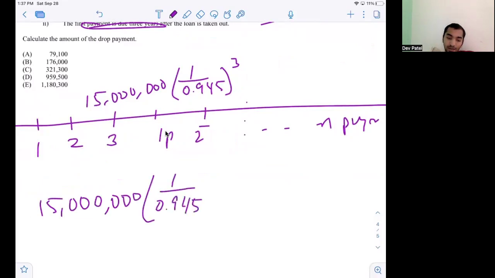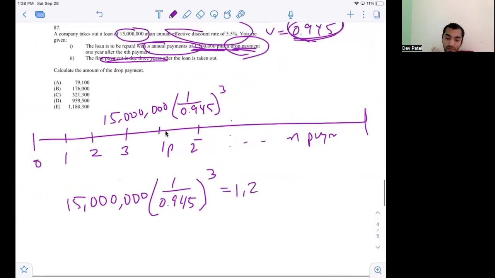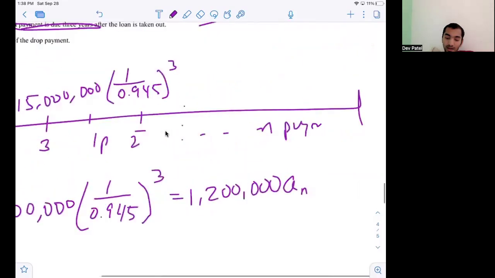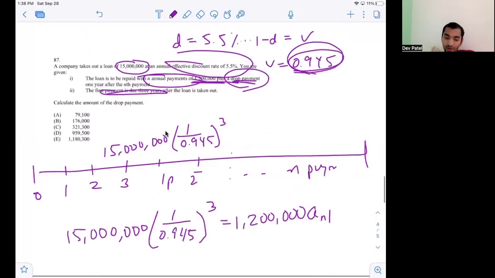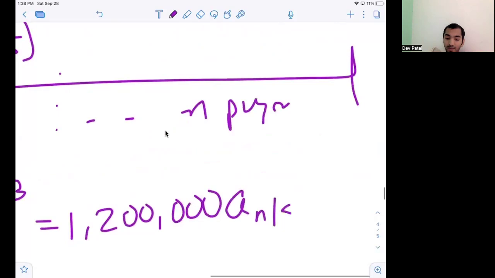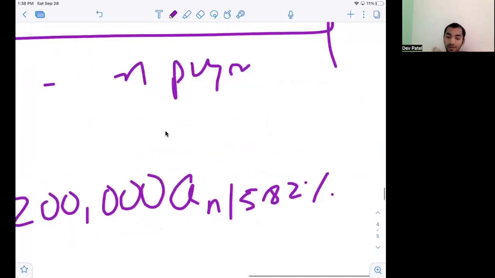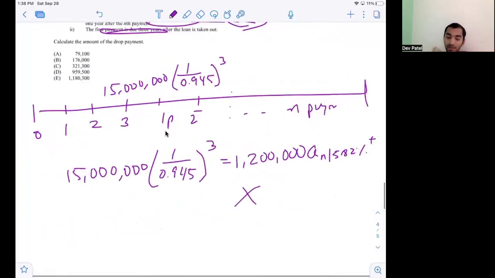So 15 million times 0.945 cubed equals our 1.2 million a angle n. We know i, let me just calculate 1 over 0.945. i is around 5.82%. And then we know that there's going to be an additional drop payment. So that's X going to be made at v to the, we need to find what this is.